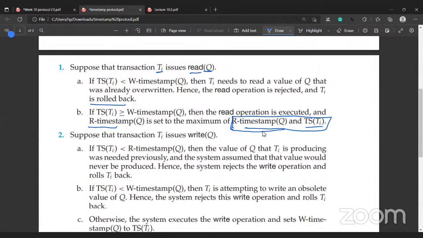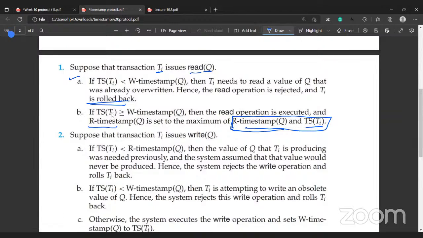If you did not understand, don't worry. Again, I'm explaining. Suppose transaction Ti issued a read operation on data item Q. If the timestamp of Ti is less than the write timestamp of Q, then Ti will be rolled back, right?